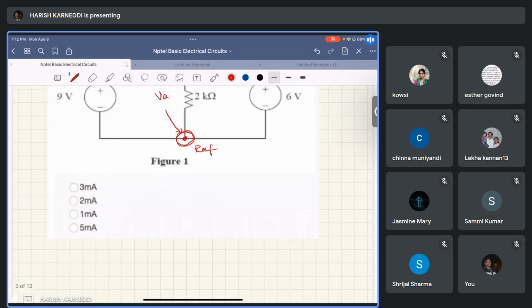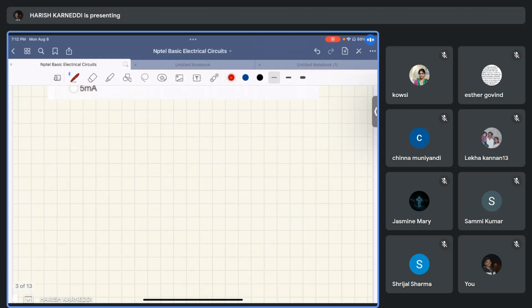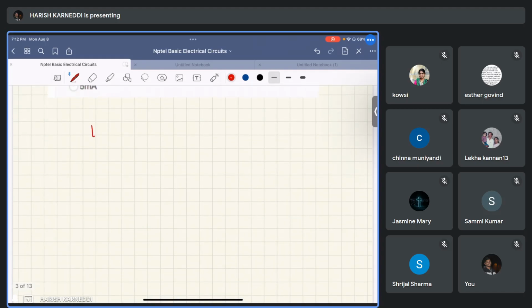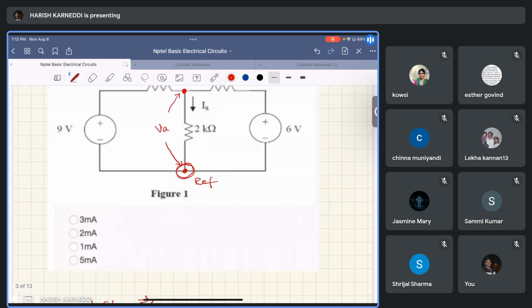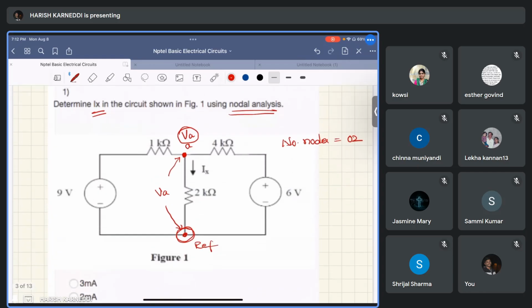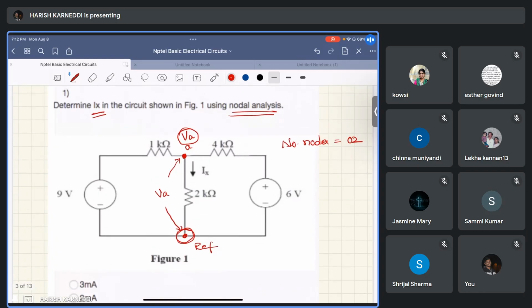What is nodal analysis? Nodal analysis is basically KCL, Kirchhoff's current law. So we have to write the current equations, and we have to consider leaving currents. What is the current leaving from this point to this point?